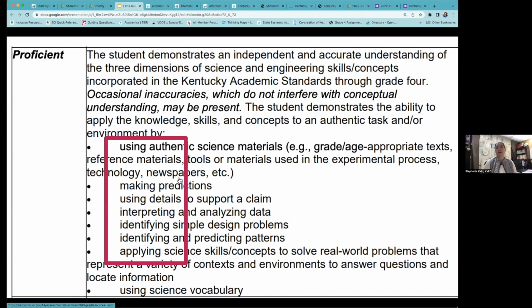They're going to be using details. They're going to be interpreting and analyzing information, charts, data, any type of things like that. And they're also going to be identifying simply designed problems. And they're also going to be applying, right? Real world. This needs to be real world every day for that.